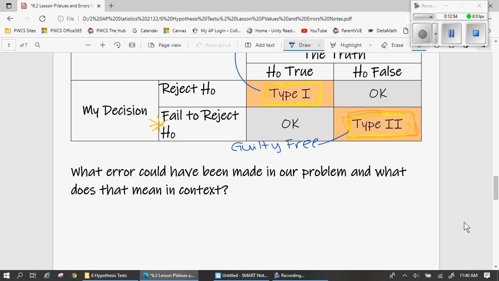And if we had made that type 2 error, that means we would have come to that conclusion even though there was a change in the attendance. So we determined that we should fail to reject the null hypothesis and said there's no change in student attendance over the last 4 years. And so if we made an error, that means we said that and there actually was a change in attendance.